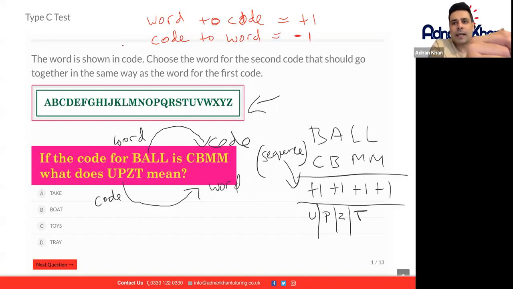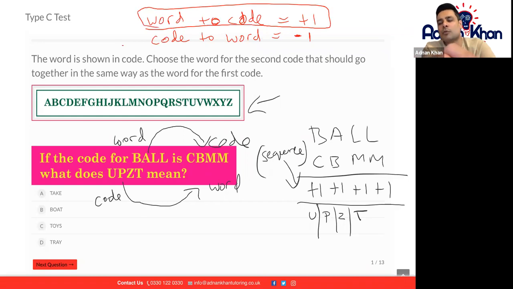Yes. Exactly. So this is something that you need to understand, all of you, for this particular question. Because word to code, we worked out very easily straight away, was +1, +1, +1, and +1. And now we're doing the opposite, we're doing code to word. If we were doing word to code again, it will be the same thing.